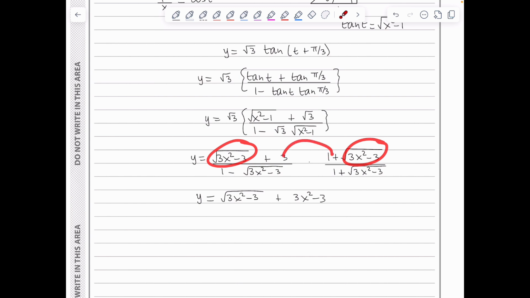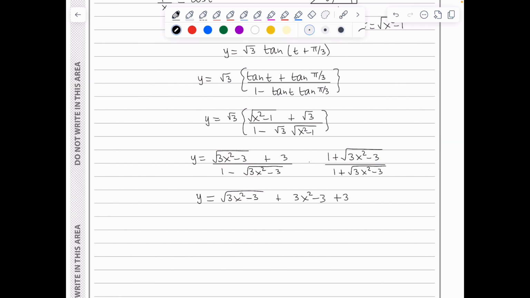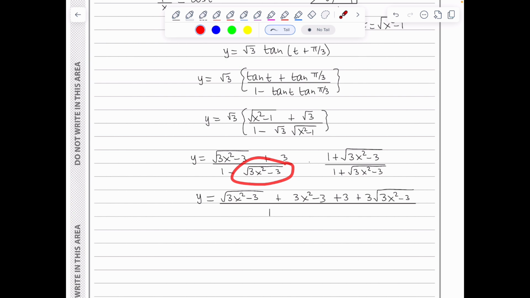Then I've got 3 times 1, which is 3. And then I've got 3 times the root of 3x squared minus 3. So that's the numerator. And in the denominator, we've got 1 times 1 is 1. And then we've got minus the root of 3x squared minus 3 times the root of 3x squared minus 3. So it's going to be minus (3x squared minus 3).